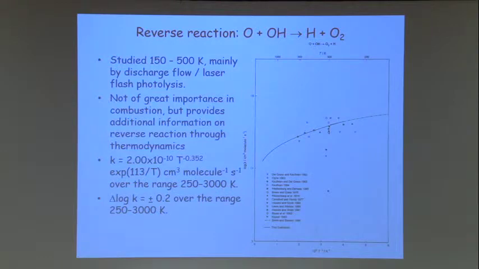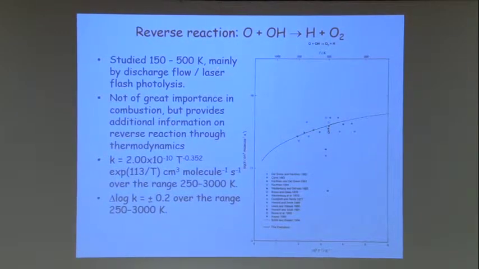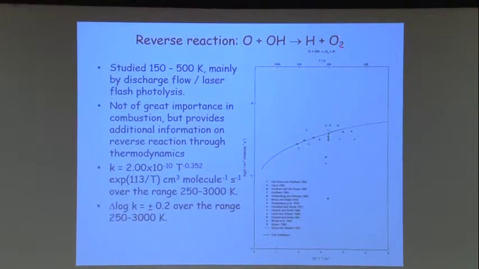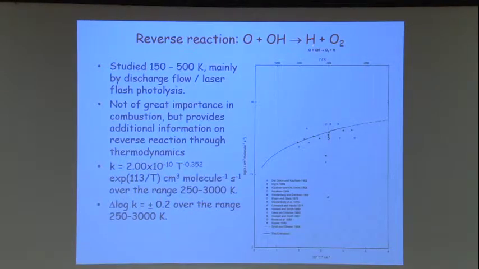It's far too low. But the important thing is this is the reverse of that branching reaction. And so what you can do is use these data, combine them with the equilibrium constant, and get a wider range of measurements for the reverse reaction H plus O2.